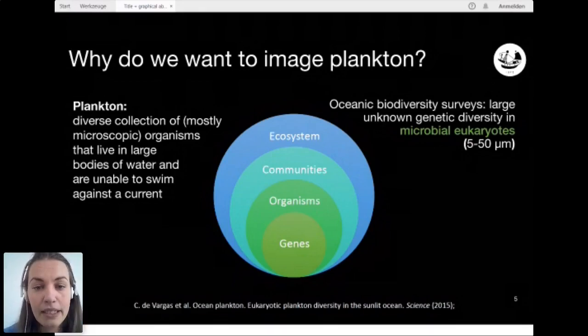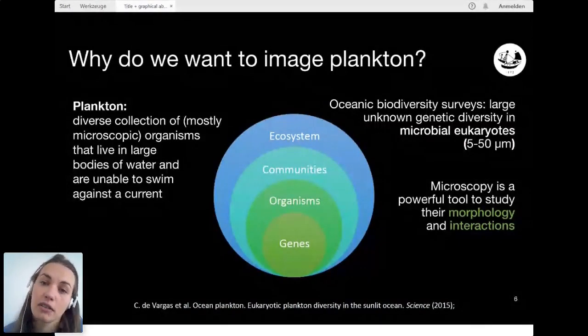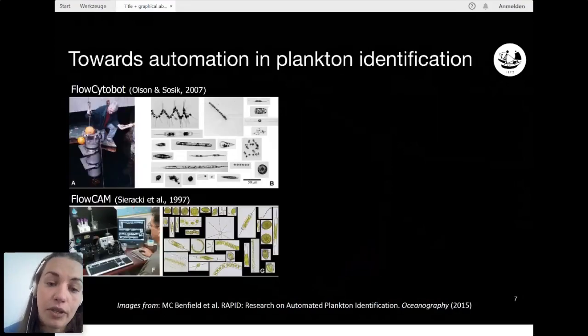Additionally, many planktonic organisms live in intimate relationships, and these are not easy to distinguish from their sequences. So microscopy actually offers us a powerful tool to study both their morphology and also their interactions. Hence, there is a great interest in developing systems that can identify and quantify planktonic organisms in water.